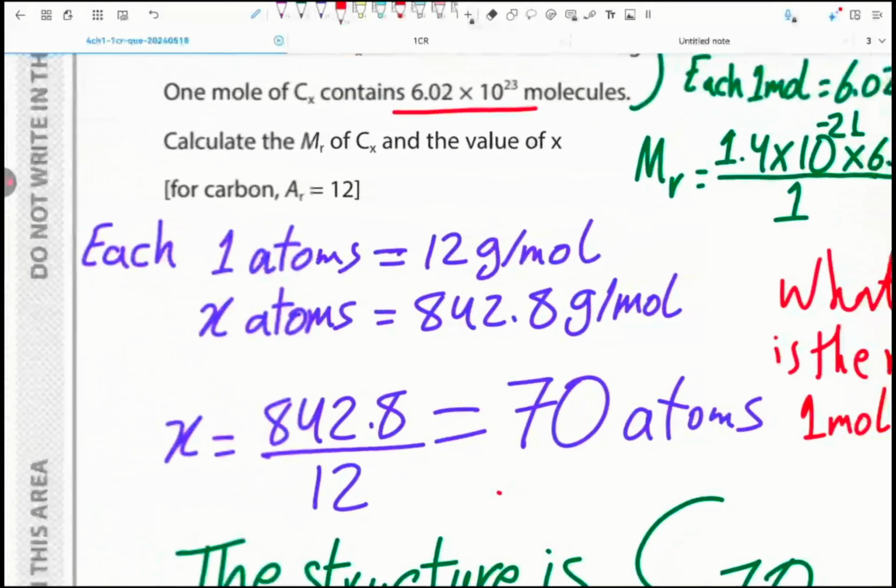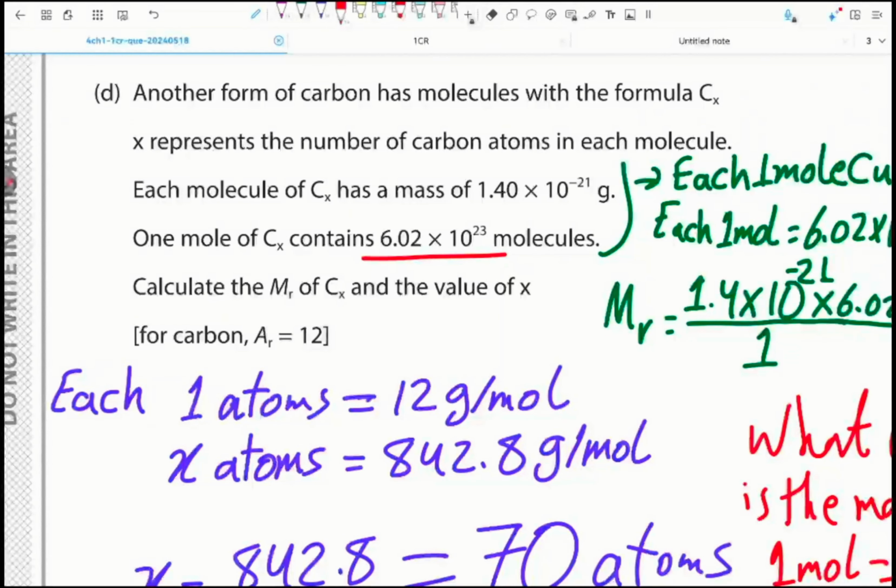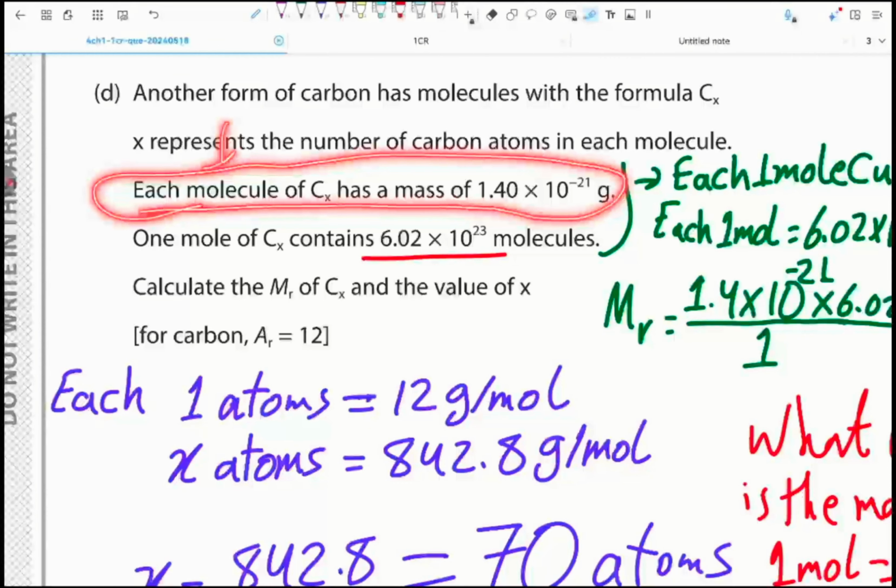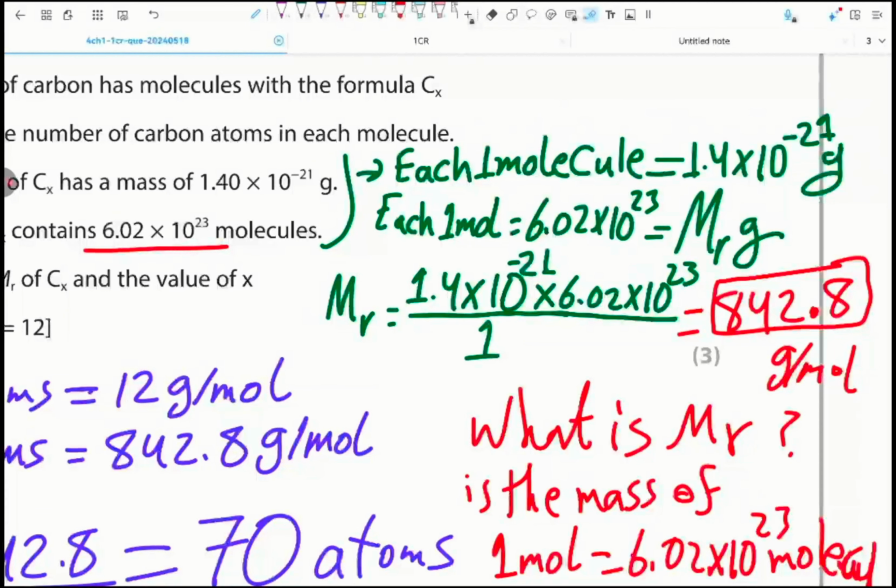So we know here, my friends, the mass of one molecule. The mass of one molecule is 1.4 multiplied by 10 exponent minus 21. So do we need the mass of one molecule only? No, we need the mass of 1 mole of the molecule.